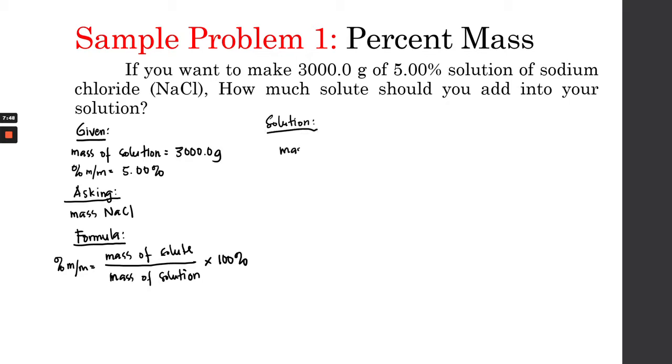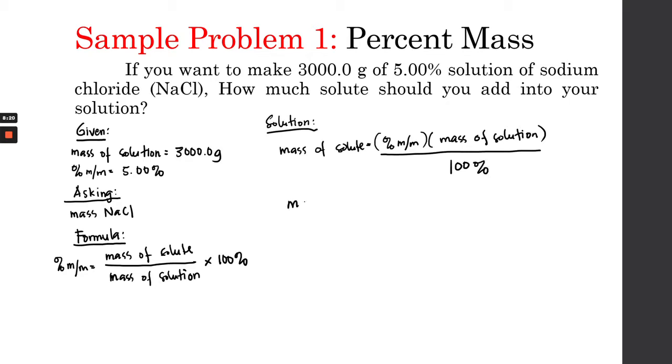The mass of solute is equal to the percent mass multiplied by the mass of the solution, and then we divide both sides by 100%.